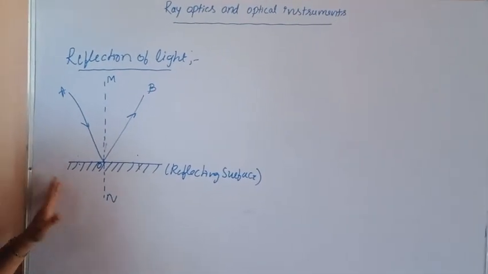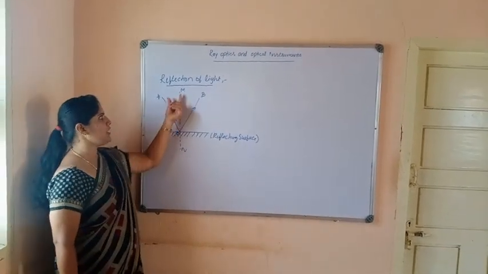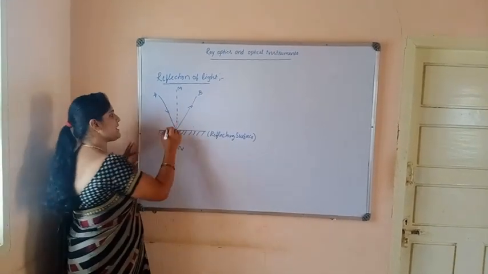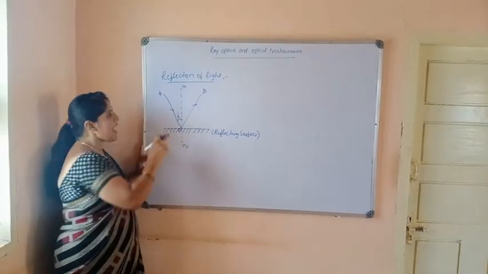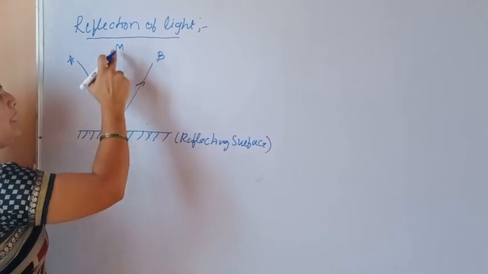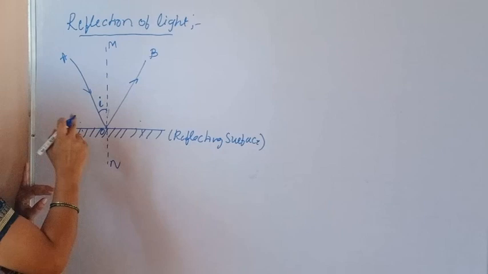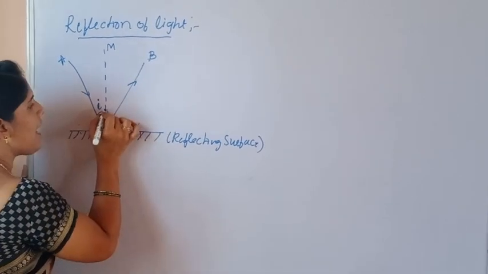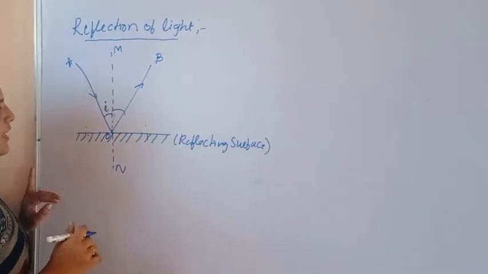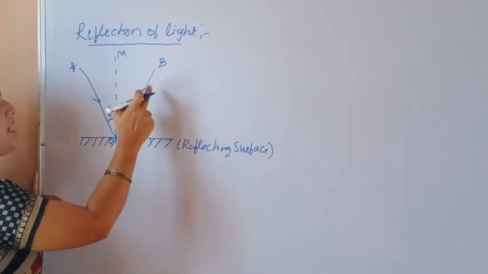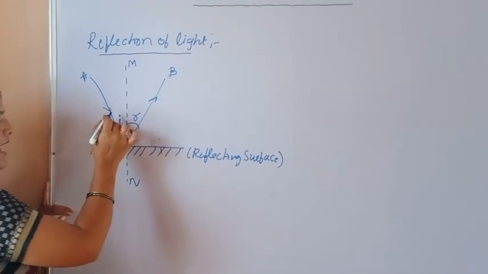Now we shall measure the angle of incidence and angle of reflection with respect to the normal. The angle between the incident ray and the normal is known as the angle of incidence, that is i. Similarly, the angle between the normal and the reflected ray is known as the angle of reflection, that is r.